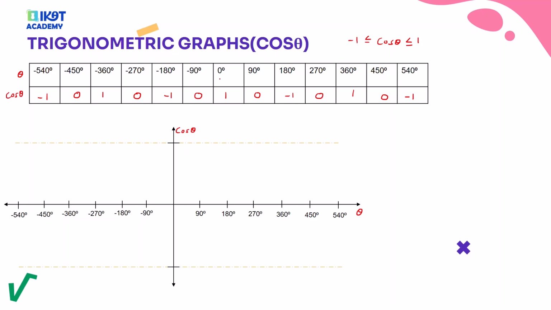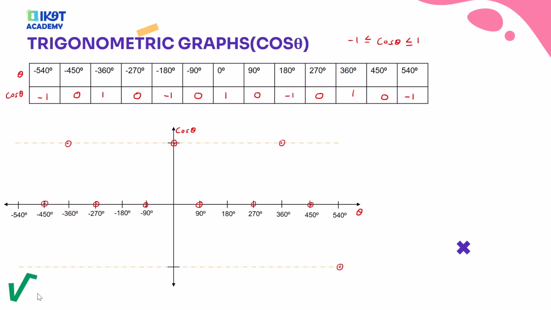Okay, so let's start plotting. Cos 0 is 1, so this is here. Then cos 90 is 0. So I'm going to pause this and plot very fast. Negative 90 is 0. I'm going to pause this and plot. Then let's continue.